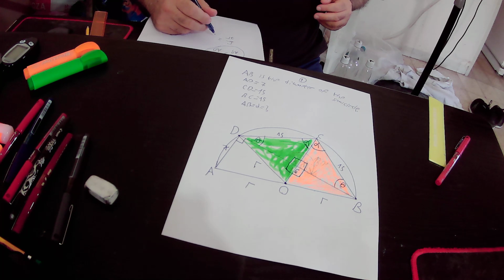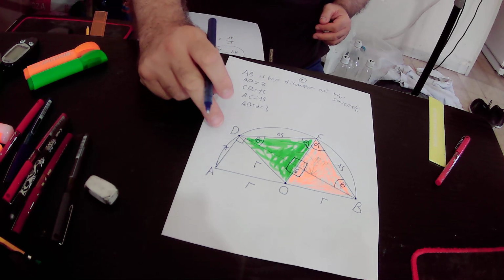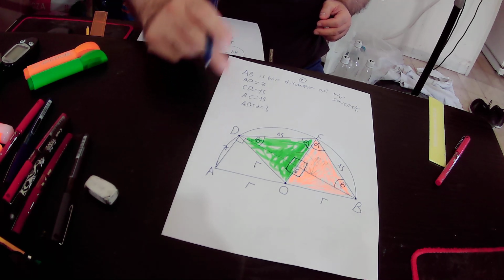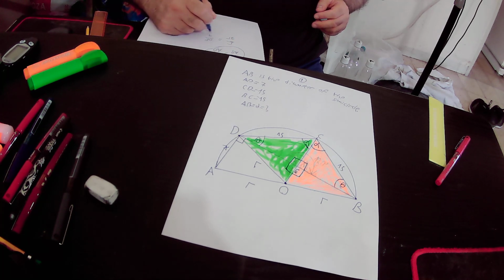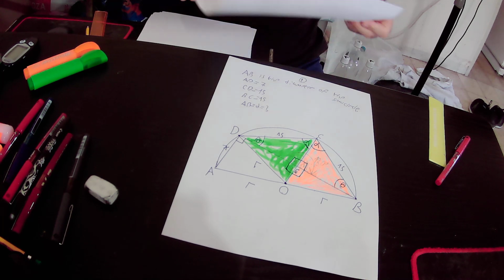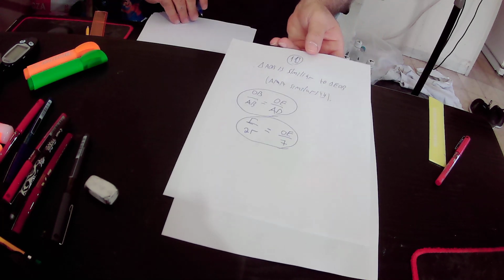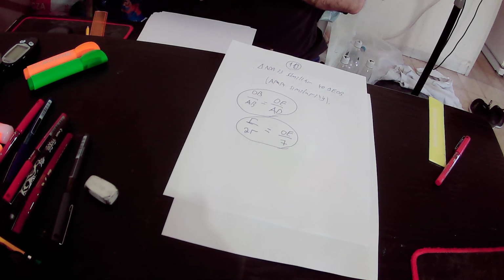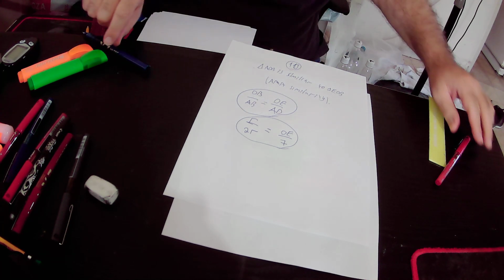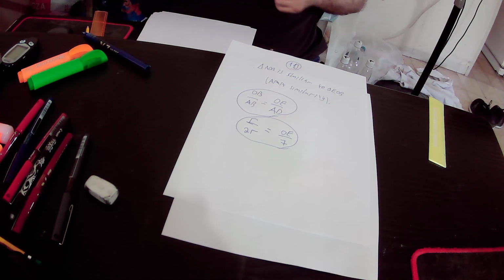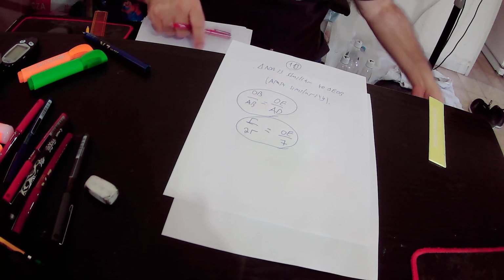So we got that R over 2R equals OE over AD. What is the value of AD? AD equals 7 units. It is given in the question. So in total we got the following equality, that R over 2R equals OE over 7.